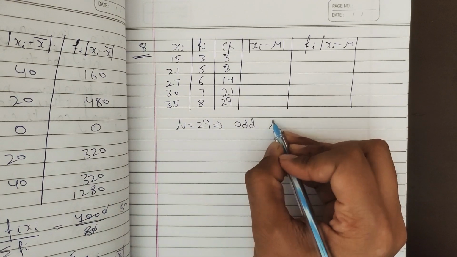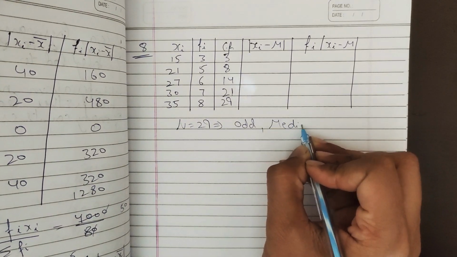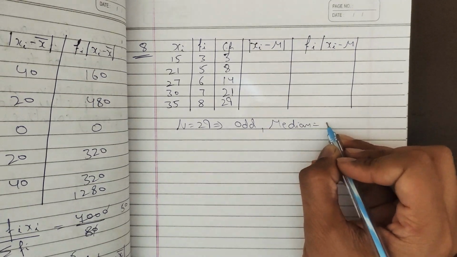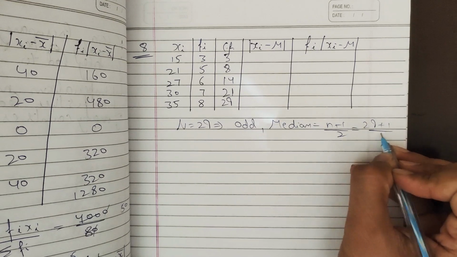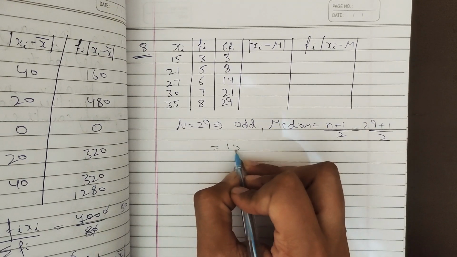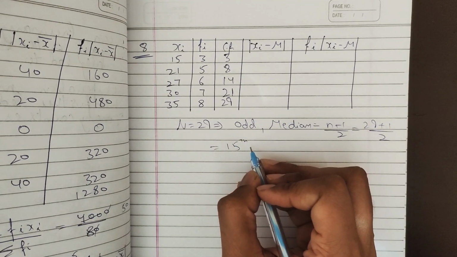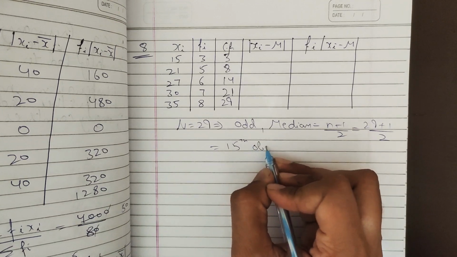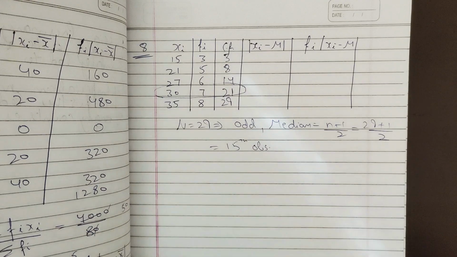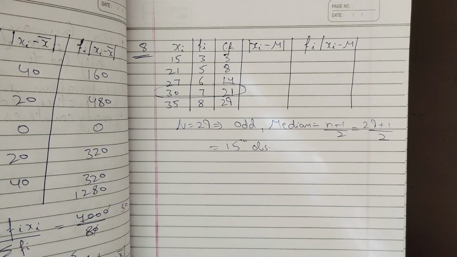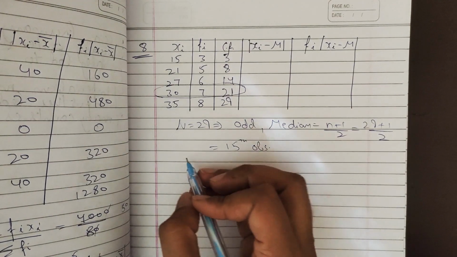So median for odd n is the (n plus 1) upon 2 th term: 29 plus 1 upon 2, 30 upon 2, which is the 15th term. So the 15th observation will lie in this segment, right? The 15th observation lies in the cumulative frequency 21.